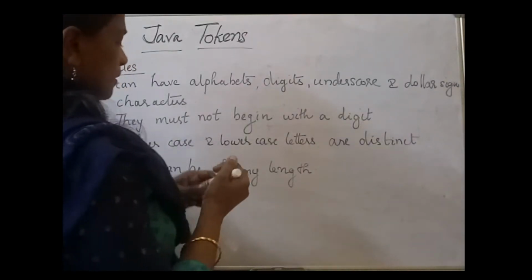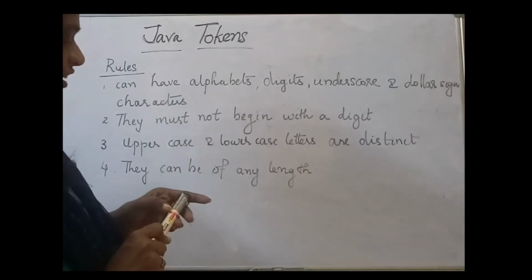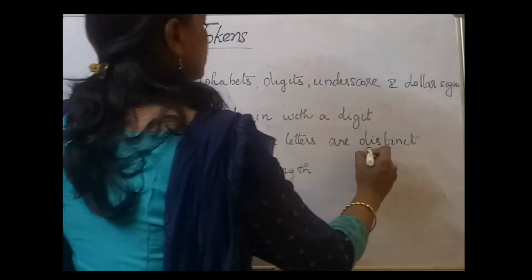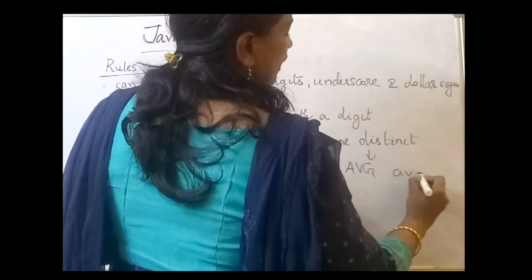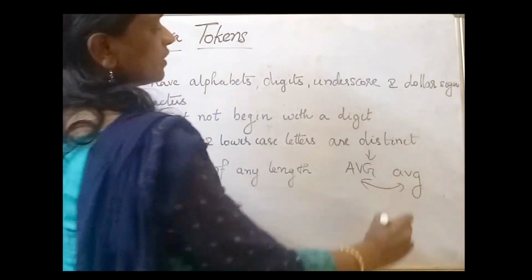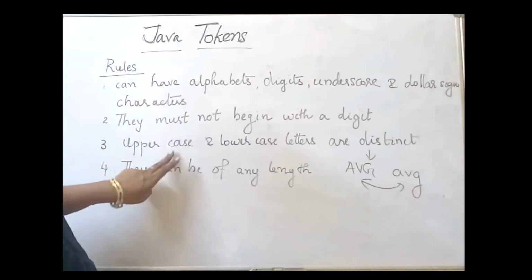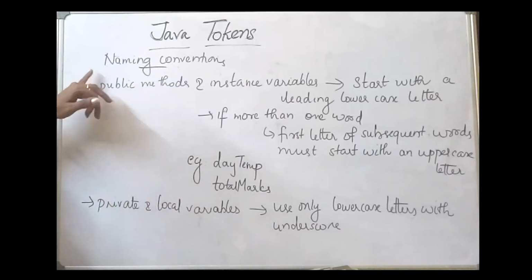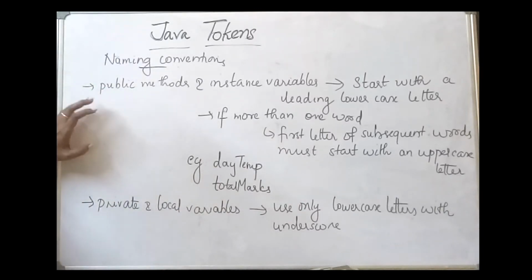If you give some name in uppercase letters and the same name in lowercase letters, both are considered different. If I give average as some variable name, and you give AVG, these two are considered distinct. So it is case sensitive. That is regarding the third point. Then the fourth point is they can be of any length. Now regarding the naming conventions recommended for identifiers, usually for public methods and instance variables.